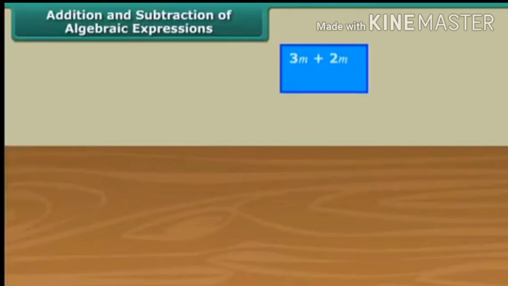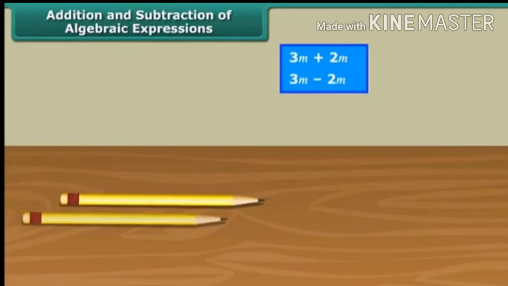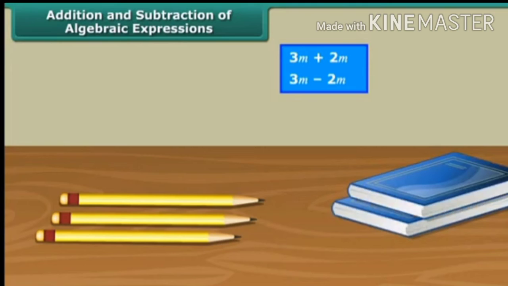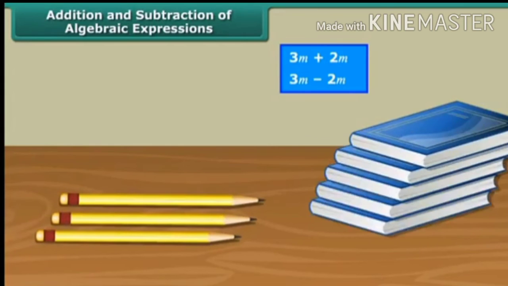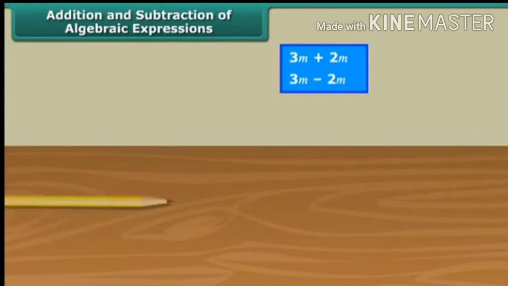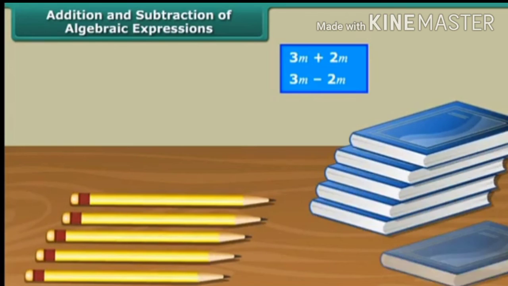We can only add or subtract like terms. But why is it so? Think of it like this. On a table, we have 3 pencils and 2 books. We cannot add the 3 pencils to the 2 books because they are not the same kind of objects. Now, if we get another 3 pencils and 5 books, altogether we now have 6 pencils and 7 books.